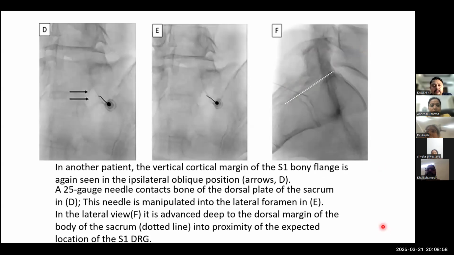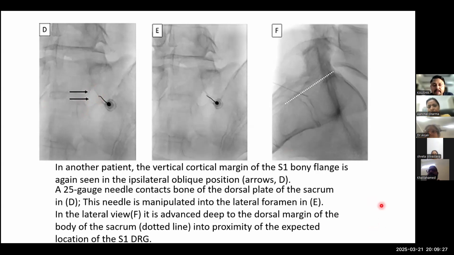So in another patient, in the next few images, they have shown a 25 gauge needle which has been inserted, and it contacts bone on the dorsal plate of the sacrum. What they have highlighted in black is the medial portion wherein lies the flange, and the needle has been inserted quite laterally.